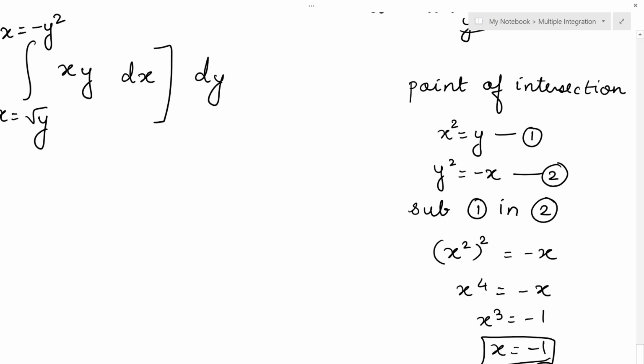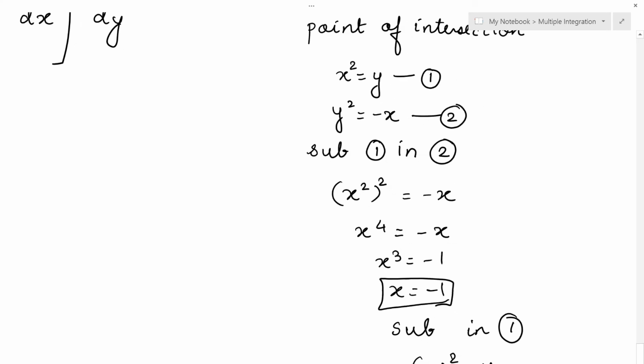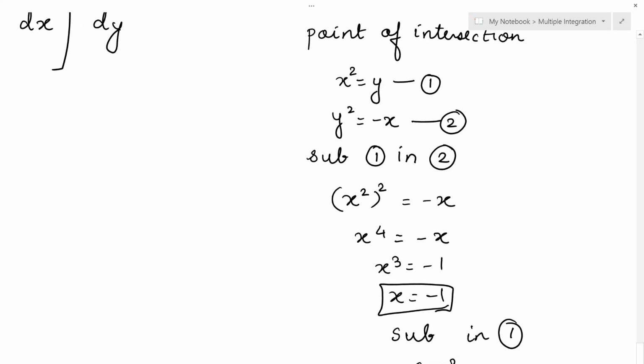Since the value of x is minus 1, we will substitute this in any one equation. Let me substitute in 1. So minus 1 square is equal to y, so the value of y will be 1. So the point of intersection is minus 1, comma 1. Is this clear to you? Whenever you have to find the point of intersection, and since this is not a proper coordinate system, we will substitute one curve into another and get the point.